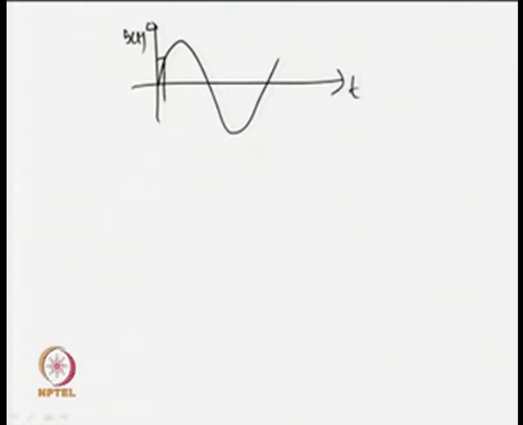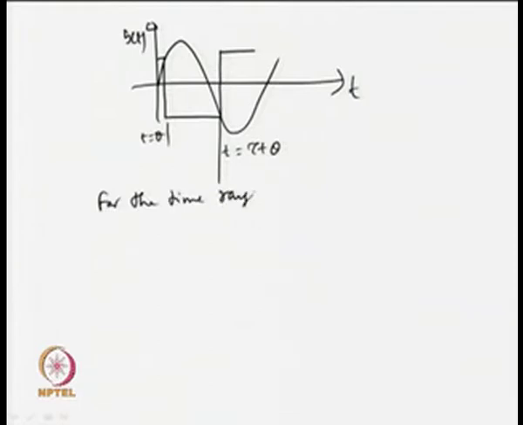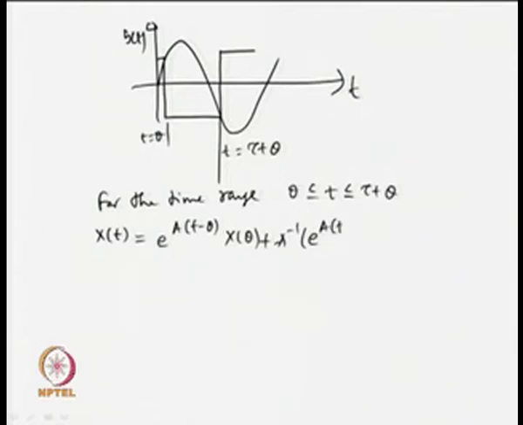Similarly, for another time range, where I start from time t = θ and go up to time t = τ + θ, the state variable for that time range, θ ≤ t ≤ τ + θ, x(t) is given as e^{A(t - θ)} x(θ) plus A^{-1} (e^{A(t - θ)} - I) B, now, what will be the input at this time?